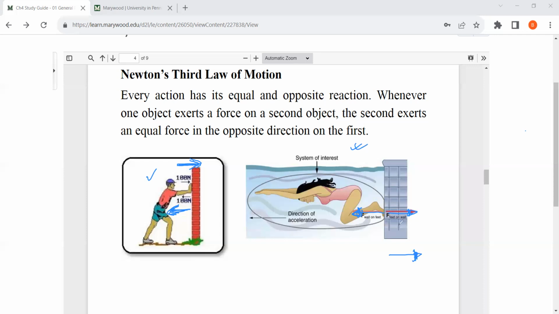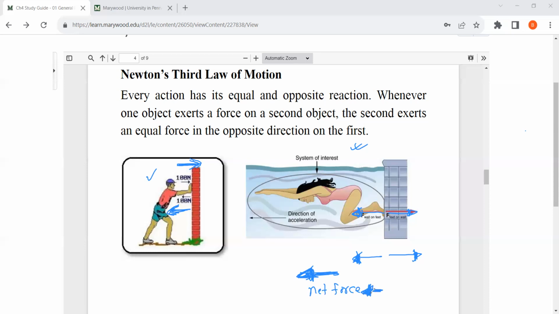If the wall does not apply the same amount of force in this direction, then there will be no motion for this lady, because the lady is moving in this direction, so that means there is some net force in this direction. The net force's direction will be this.